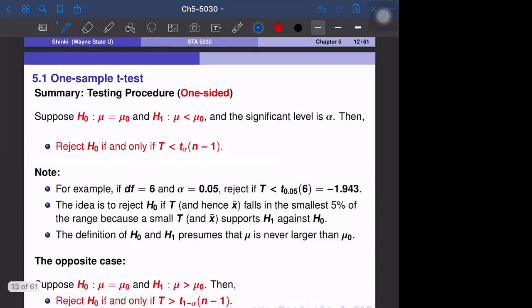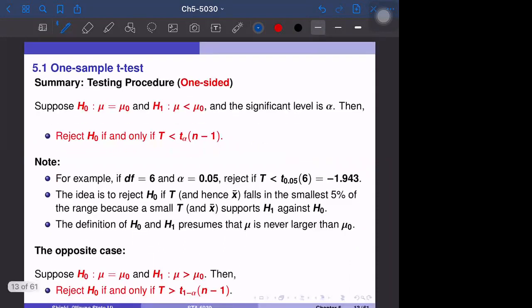Sometimes we also do a one-sided test. H naught is the same, but H1 is mu is smaller than mu naught, or in some cases, H1 is mu is larger than mu naught. In the first case, we reject H naught if and only if capital T is smaller than t sub alpha of n minus 1.